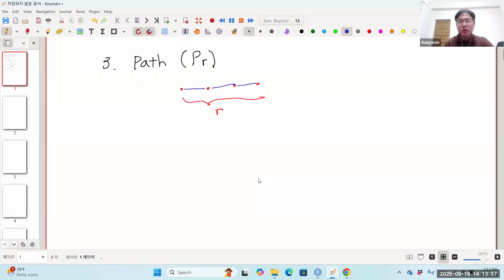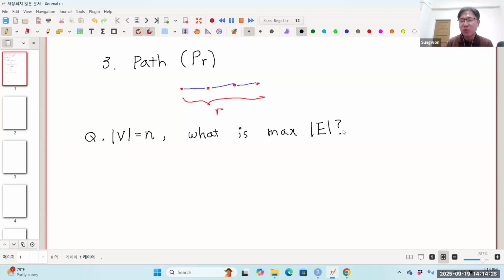So I would like to ask one question here to everyone of you. Suppose your number of vertices is n. What would be the maximum number of edges?